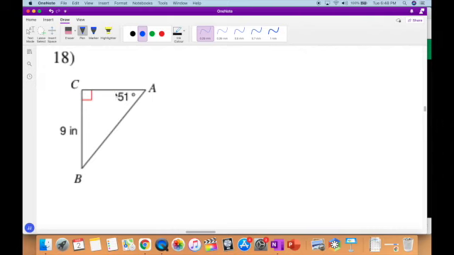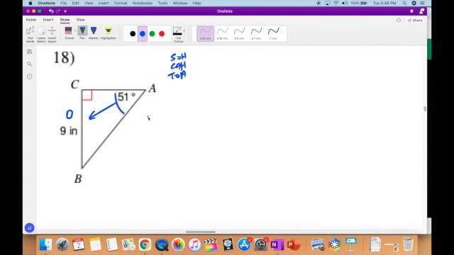So this is the angle we have, and we have the opposite side to that angle, right? So what can we use? Because we have the opposite, we could use sine to find the hypotenuse and tan to find the adjacent. So let's do that.